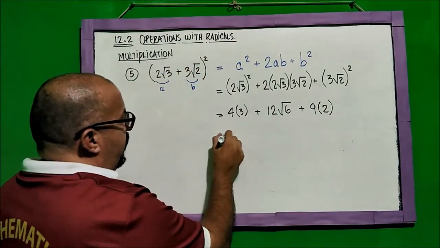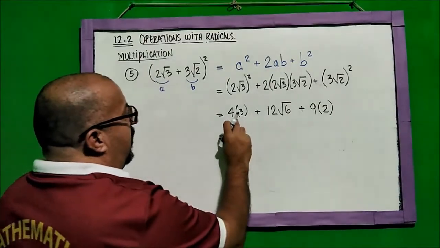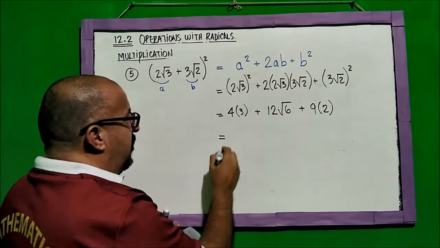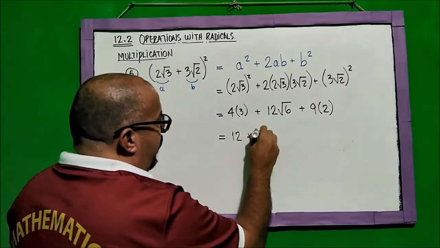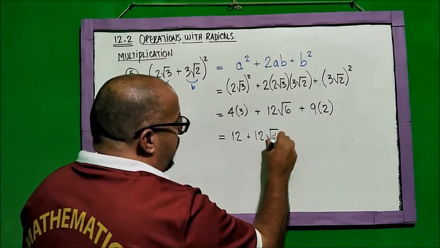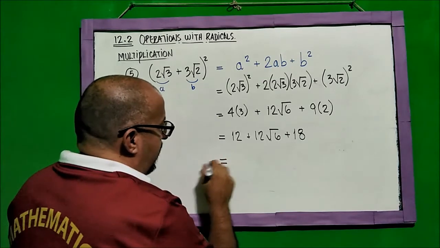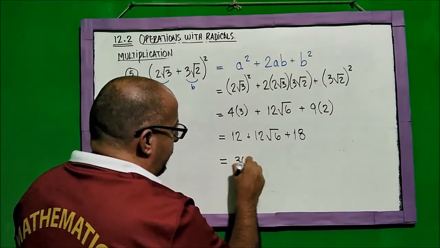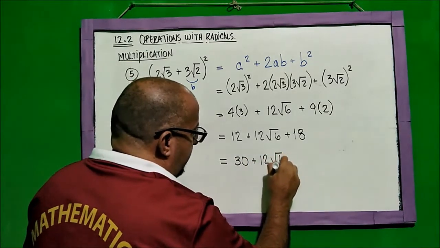And in here, we just proceed to simplify what is left of the expression. Analyzing that, some of the radicals disappear, and then they become natural numbers. This is 12 plus 12 square root of 6 plus 18. And finally, the last part of the expression will be 12 plus 18, which is 30, plus 12 square root of 6.